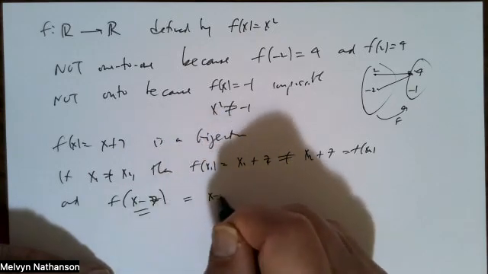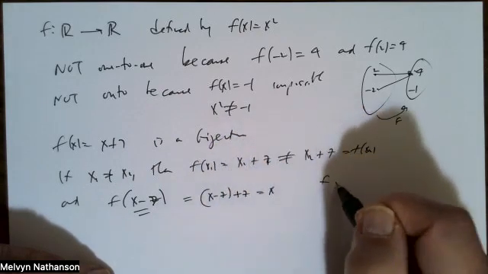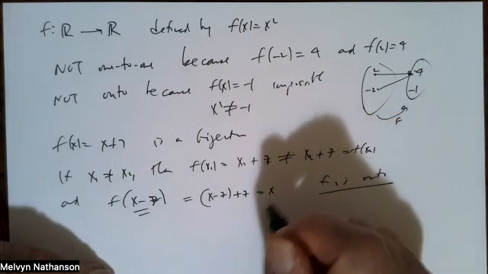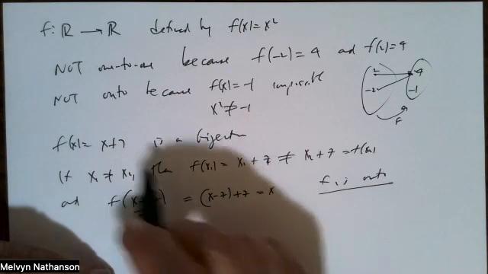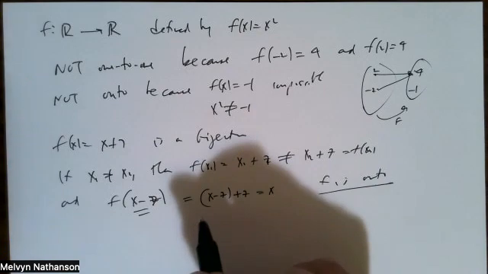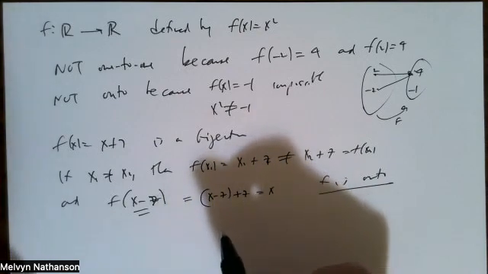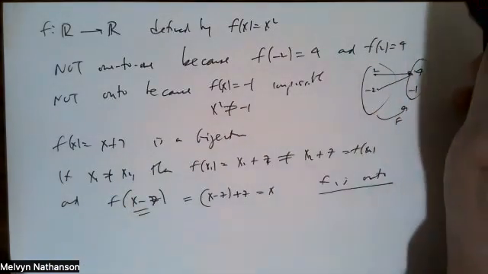What is that? That's x minus 7 plus 7, that's x. So f is onto. For any number x, there's some number that gets mapped to x. In this example, it's just the number x minus 7. So a bijection is a one-to-one and onto function.